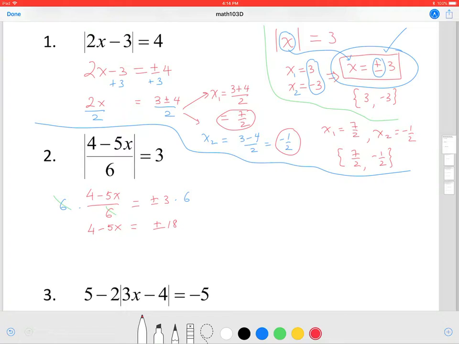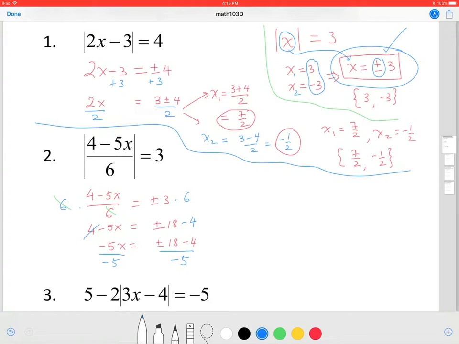All I need to do is subtract 4 on both sides. So I have negative 5x is plus or minus 18 minus 4. I'm going to leave it that way for now, and x can be isolated by dividing by negative 5.